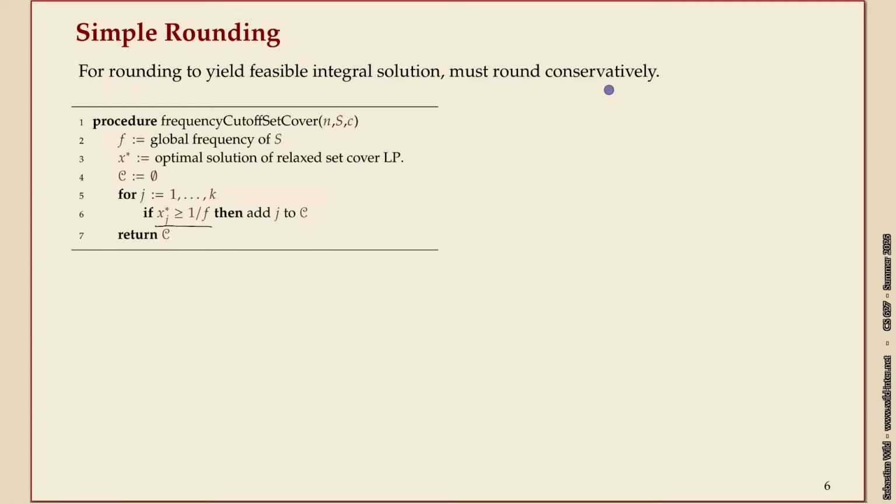That's what I mean by round conservatively. We're rounding up way further, way earlier than we would normally think of rounding 0.5 up and everything else below rounding down. Here we're rounding up potentially much earlier if f is larger than 2. And so all of these we return, and that's our answer.